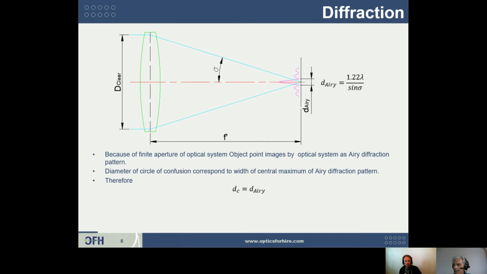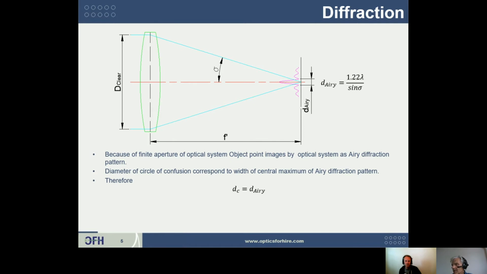All optical systems possess a limited aperture. A limited aperture in physical optics provides diffraction. Diffraction has some diffraction pattern which has some size.